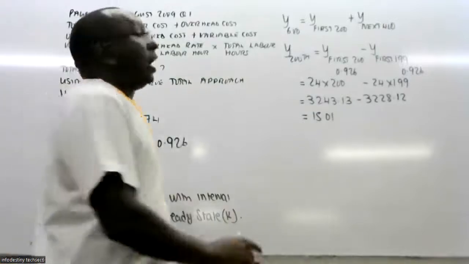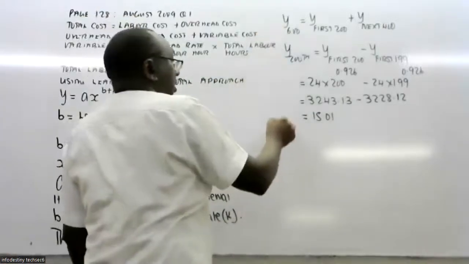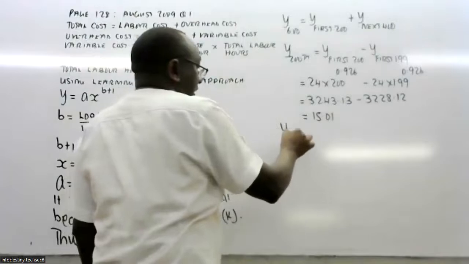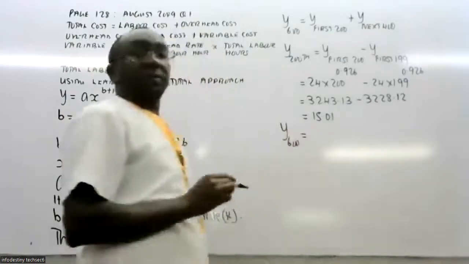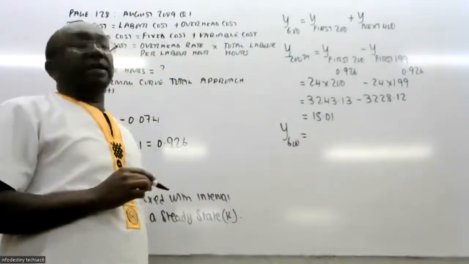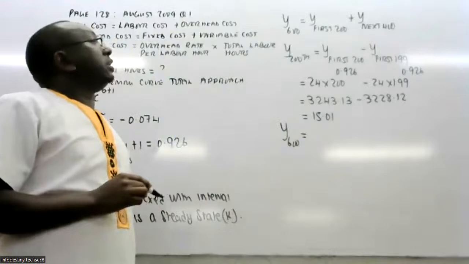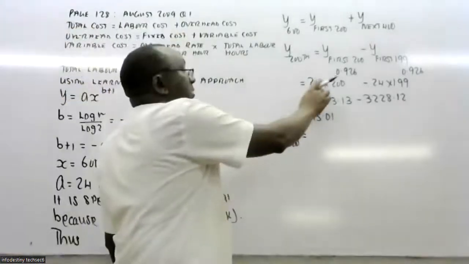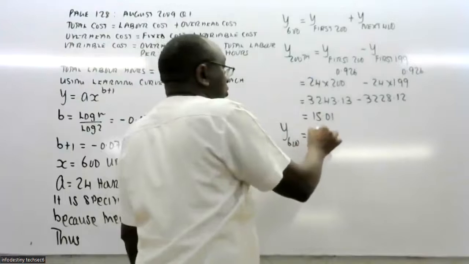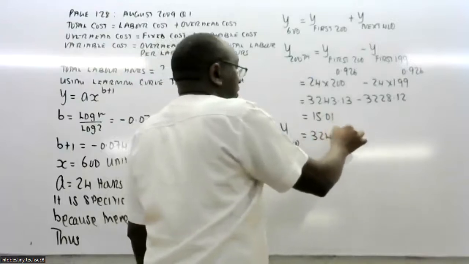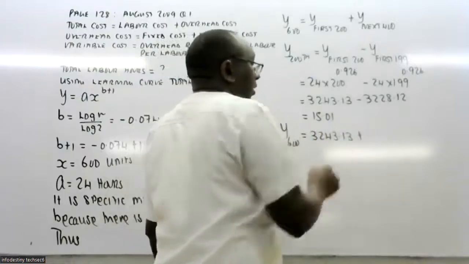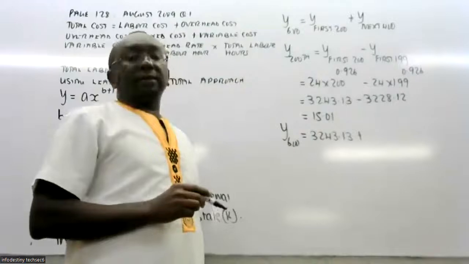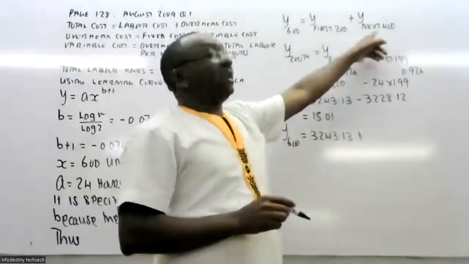Okay. Now going back here, it is Y for the 600. Y for the 600 is Y for the first 200, which is 243.13, plus Y for the next 400.